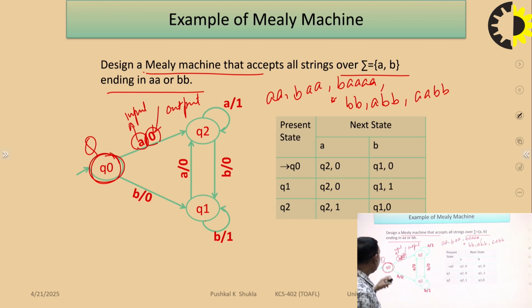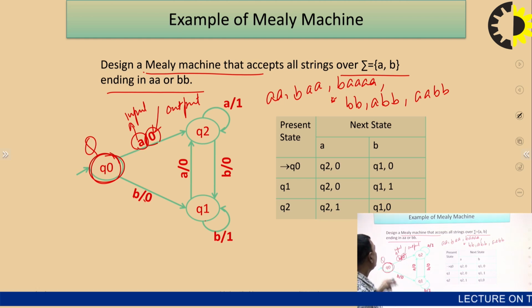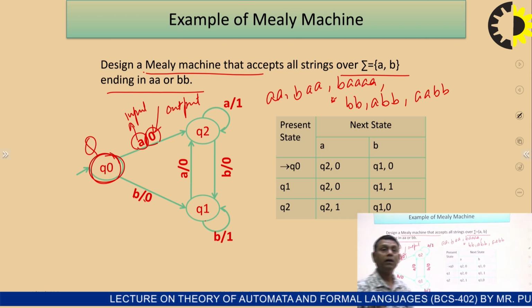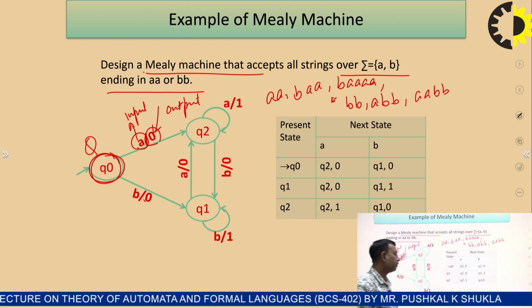And similarly, at the state Q0, after taking input B, it produces output 0 and goes to the Q1 state. And at the Q1 state, after taking input A, it produces output 0 and goes to the Q2 state. And in this way, we are implementing either ending in AA or BB. So a Mealy machine that accepts either ending with AA or BB.